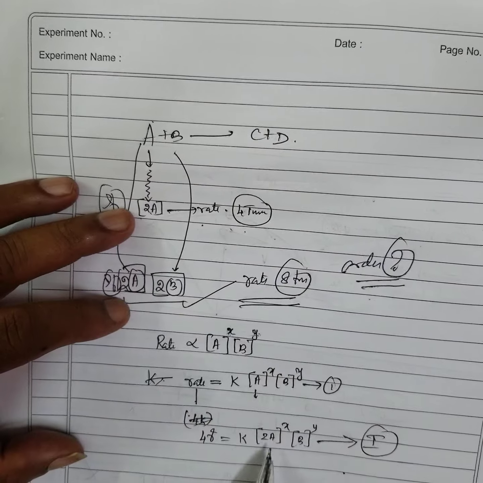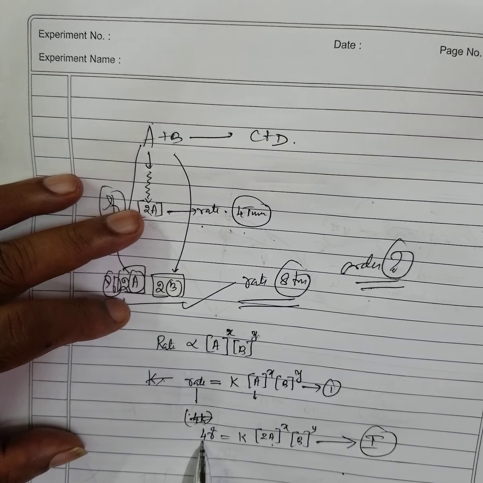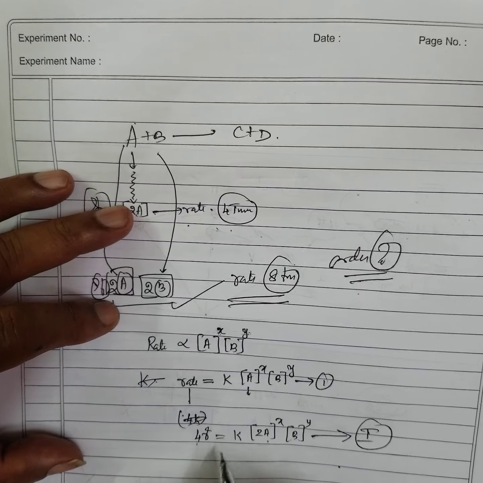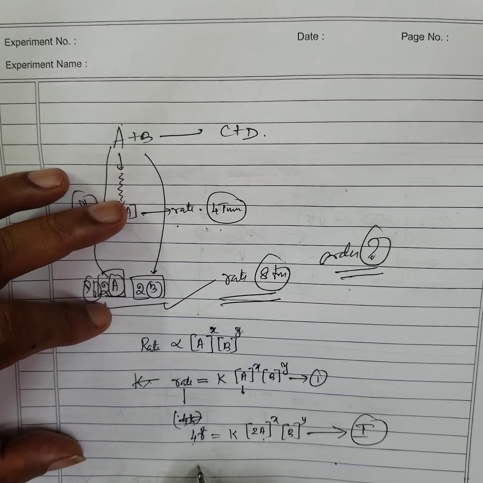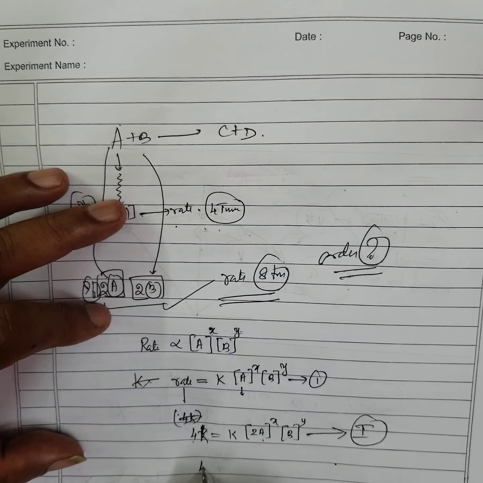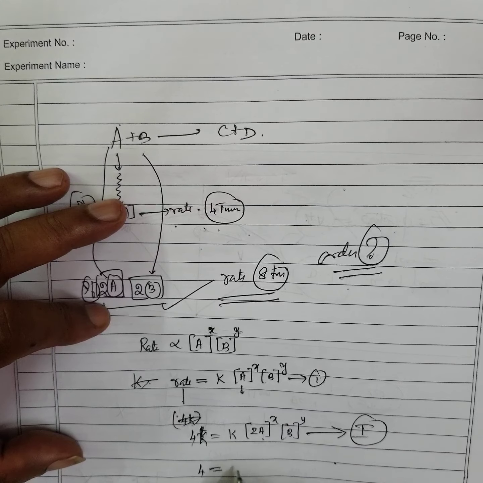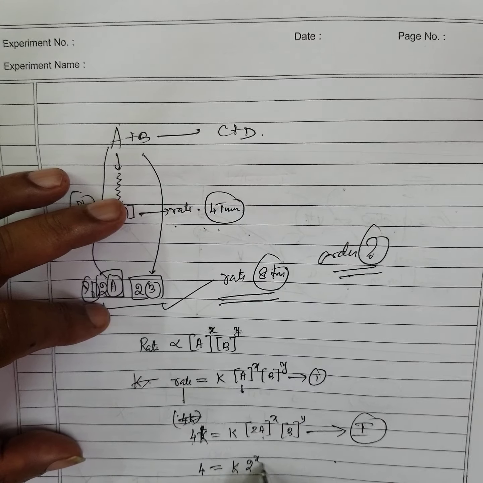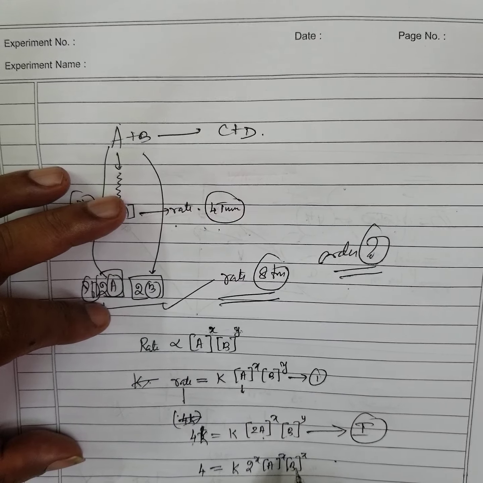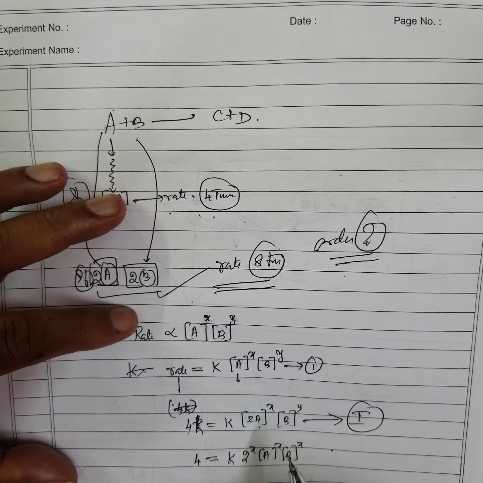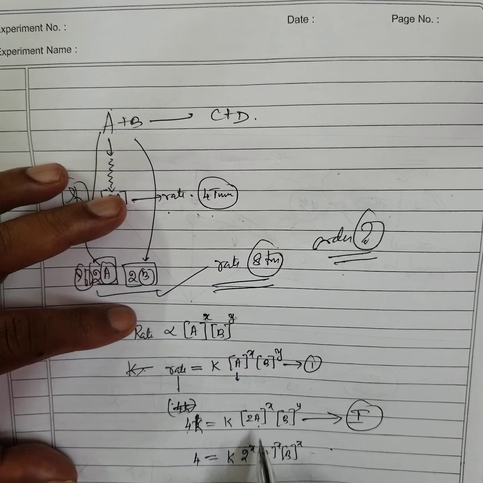If the concentration of A is doubled, the rate increases by 4 times. That means 4 is equal to K times 2 to the power of X, times the concentration of B to the power Y. This is 2 times, this is 1 time.